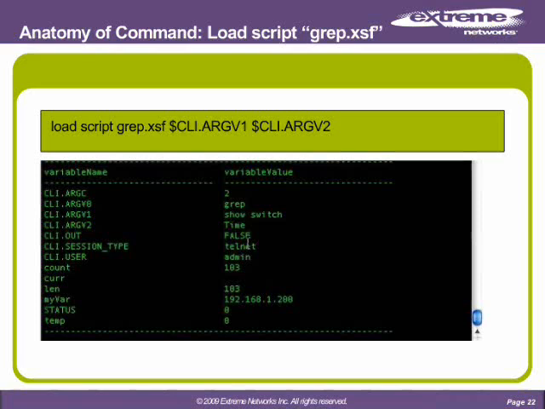If you see argument value 0 is grep, that is the load script, the argument value that we passed after the load script command. And argument C, the variable is a value of 2, which because the Extreme operating system starts counting at 0, that means that there are 3 argument values that the operating system needs to be aware of.